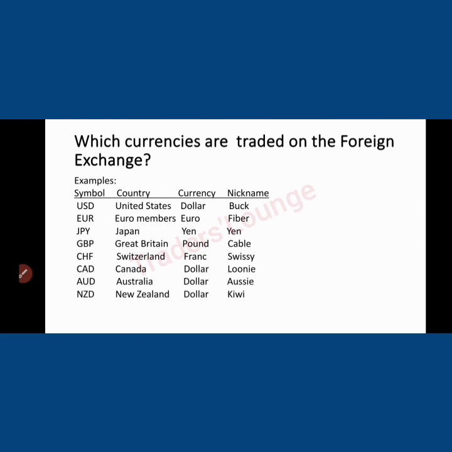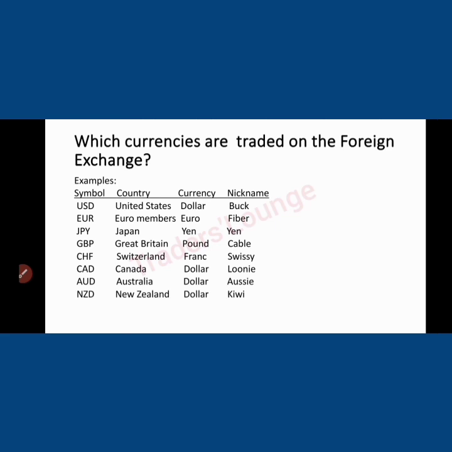So USD is known to be dollar and from United States, and it's called what? Buck. Euro, as pertaining to the members of European countries, and euro is the currency, and the nickname is fiber.